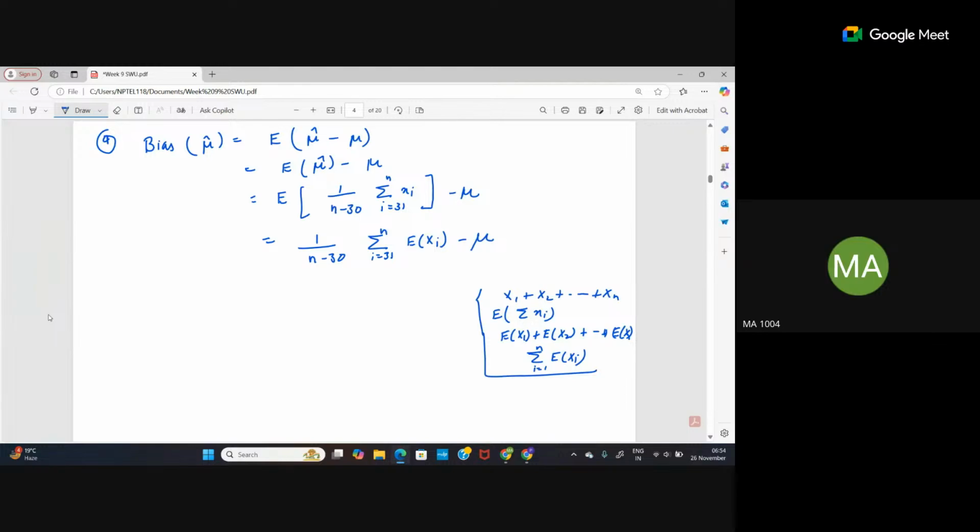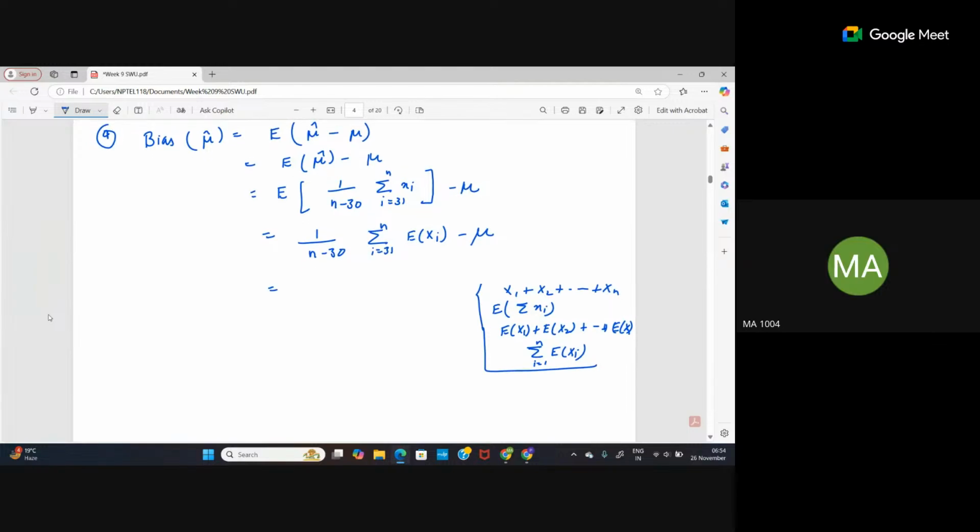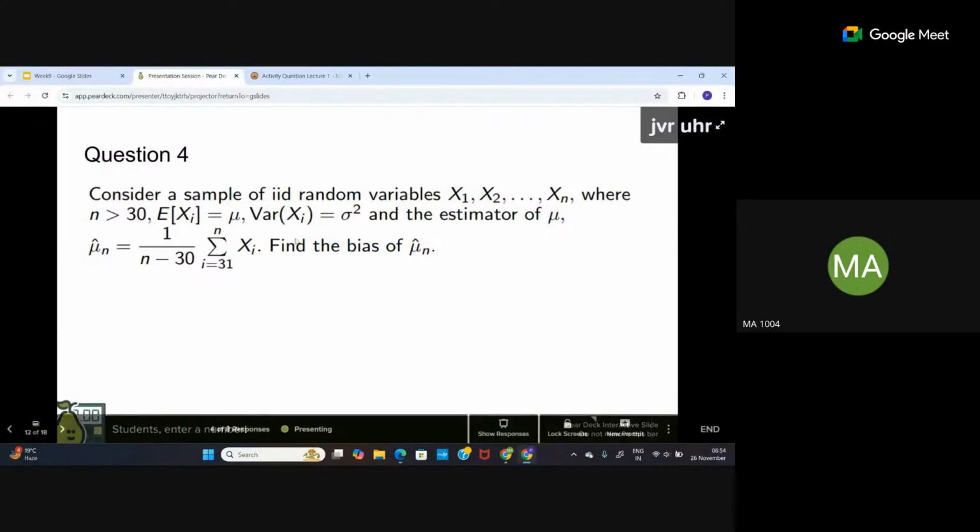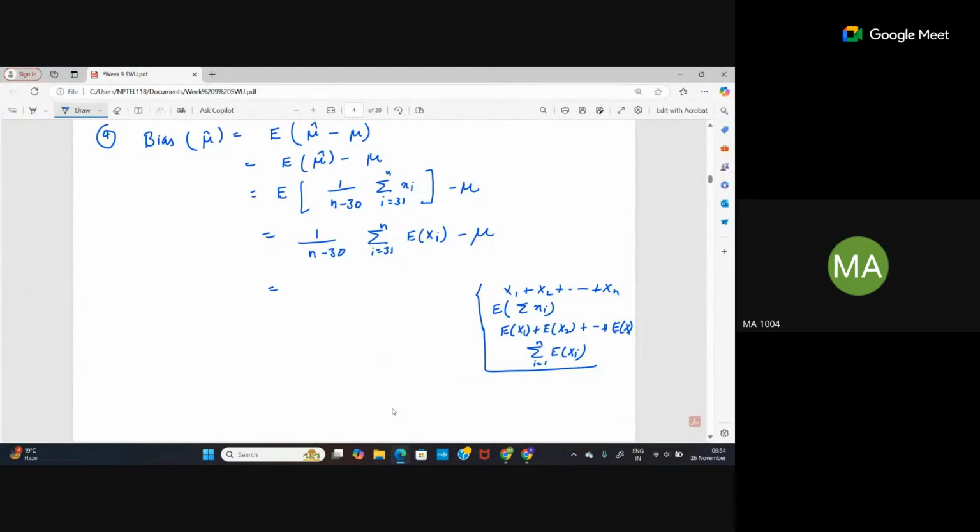Now you can see that in the question, expectation of xi is mu. So 1 upon n minus 30, and it is mu added from 31 to n. Any doubt in this?